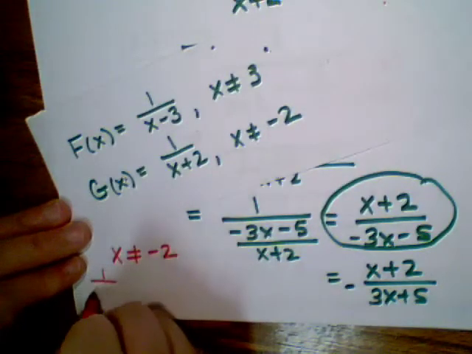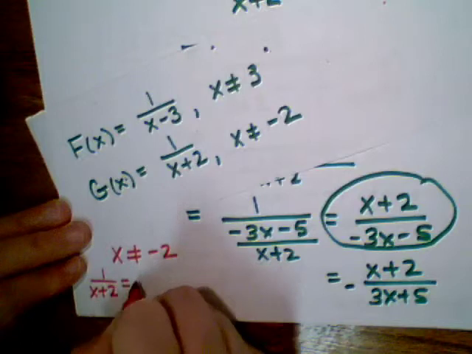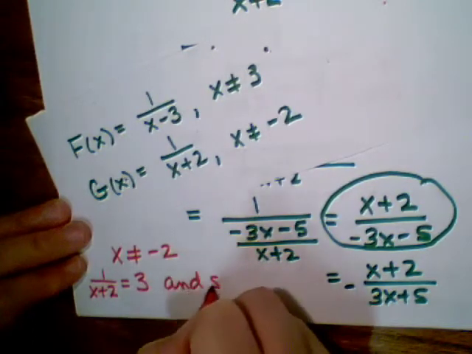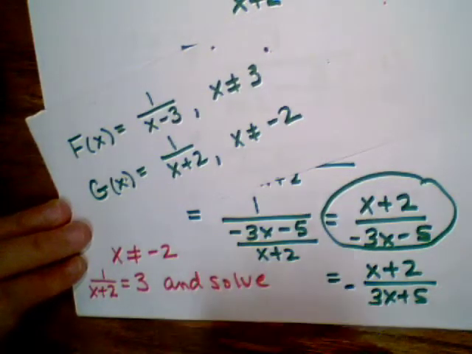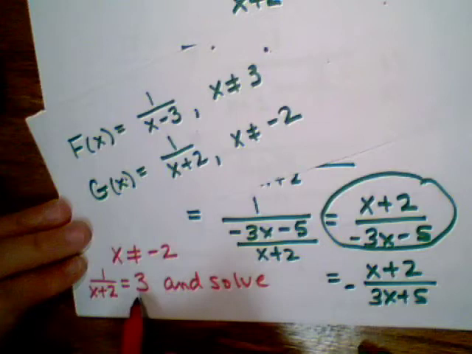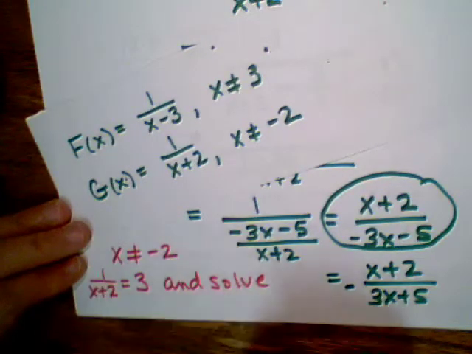So we set g of x equal to 3 and solve. Okay, and I will let you do that at home. Maybe put 3 over 1 and solve the proportion.